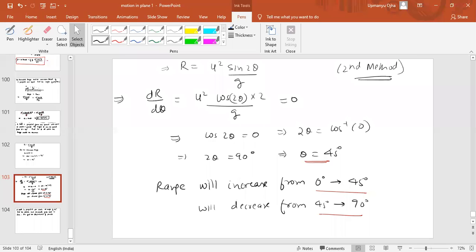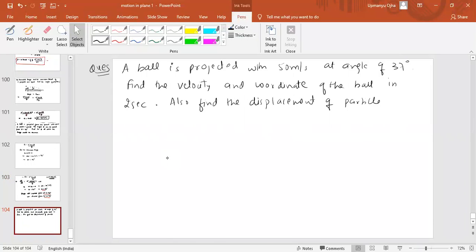I think your answer is correct, 40 i cap and 10 j cap. Yes, very good. Okay, so let me solve this problem. Magnitude is 10 root 17. Yes, very good.